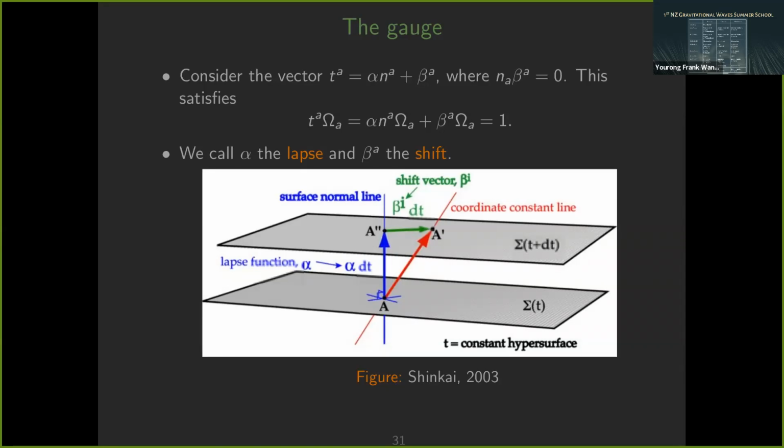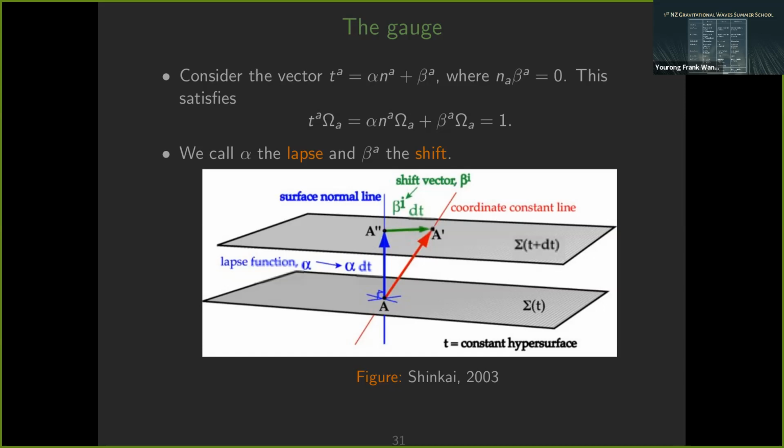You can think of the lapse as how far you shift in the time direction, and the beta as the shift in the spatial direction. A combination of these gives you a general propagation from one time slice to the next. In particular, if you have fixed spatial coordinates, then the alpha, or the lapse, is inherently related to the proper time that occurs along that spatially constant line.